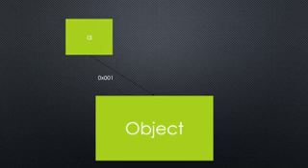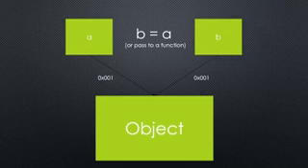What also happens naturally in JavaScript is that when we pass an object to a function, something very different happens. A might point to an object. Remember, an object is just a collection of name-value pairs, and it will also be sitting in a particular spot in memory. But when we pass it to a function, that parameter inside the function points to the same spot in memory that our original variable does.